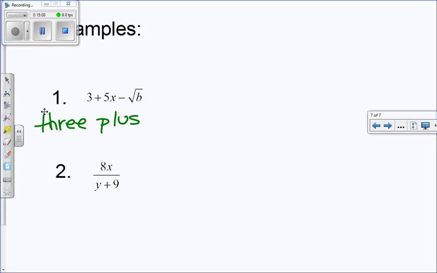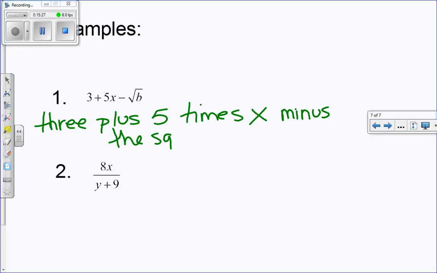Multiple different ways you can say it. You don't have to get super, super fancy. Minus, subtract, less, whatever. Oh, minus, we forgot to add that to our list. How silly of us. All right, and that's the square root of b. Now notice, before we had a squared, that was a little 2 up top. Here it's a square root.